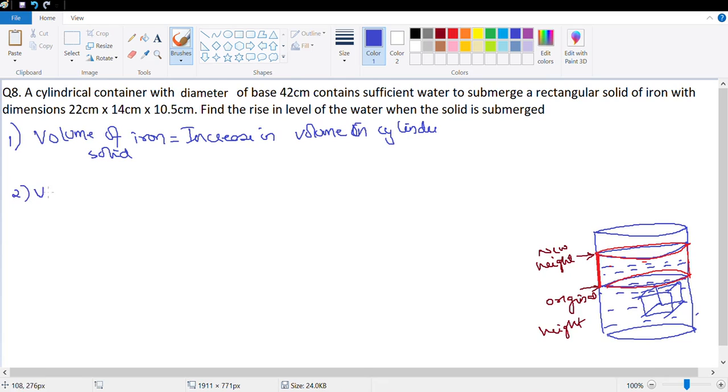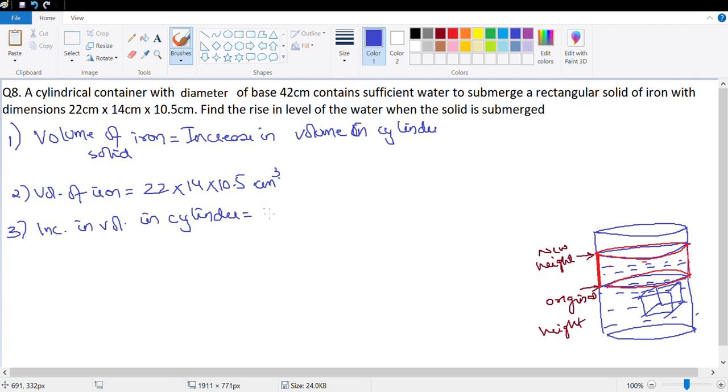So volume of iron would be equal to 22 into 14 into 10.5 centimeter cube. Now increase in volume in cylinder would be equal to volume of the mini cylinder with height h centimeter. Let this height be h centimeter.